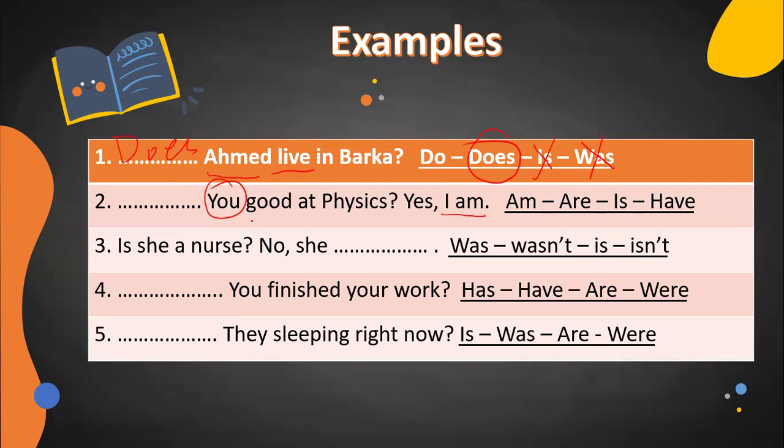So if he asks like this, you good at physics, he has to say, are you good at physics? Yes, I am. Number 3, is she a nurse? No. If the answer is no, we have to use the negative form of the verb. So, no, she isn't.